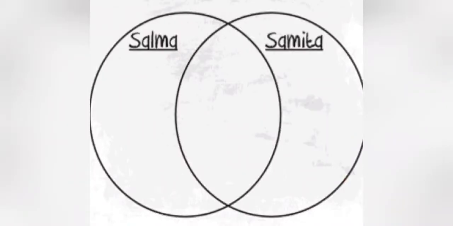Children, please read the comic strip from your content book from the section Public and Private Healthcare. You can draw a Venn diagram shown on the screen in your notebook and write differences between Salma and Samita's medical treatment in the hospital.